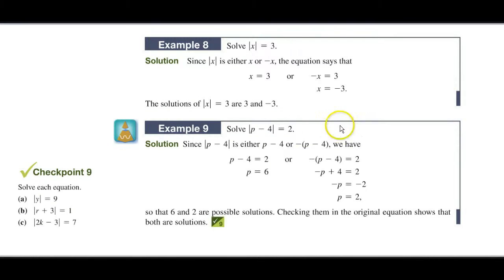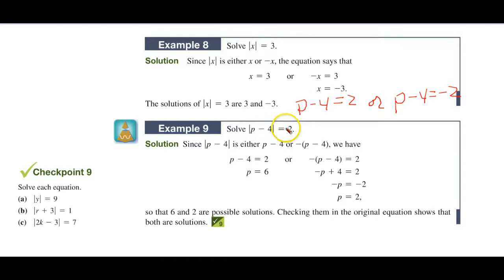And it's done a similar way. We take away the absolute sign, p minus 4 equals 2, or take away the absolute sign, p minus 4 equals a -2. So we're just taking away the absolute sign, writing it the normal way.